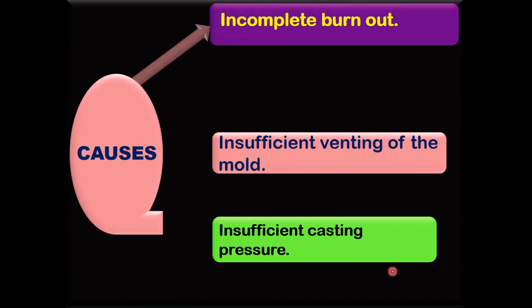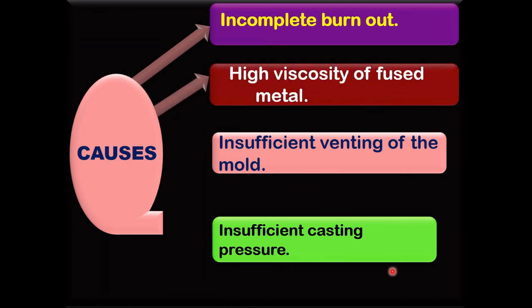So what are the causes of incomplete casting? Obviously incomplete burnout, high viscosity of the fused metal so that the metal does not reach all of the intricate areas, insufficient metal, insufficient venting of the mold, and insufficient casting pressure.